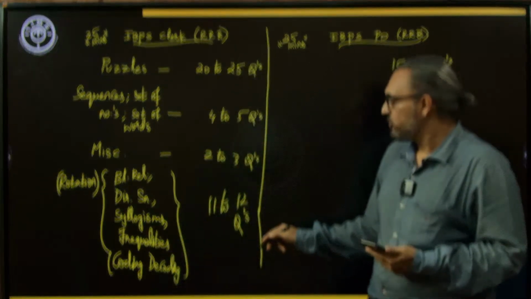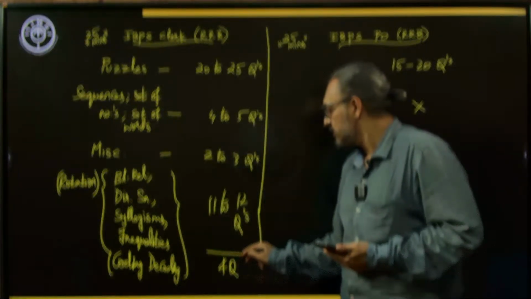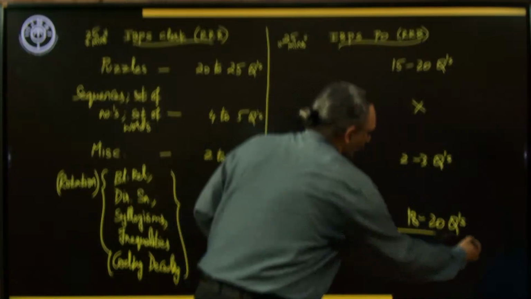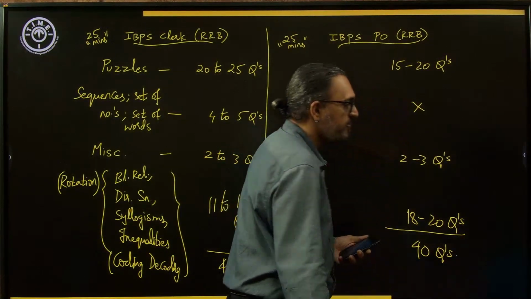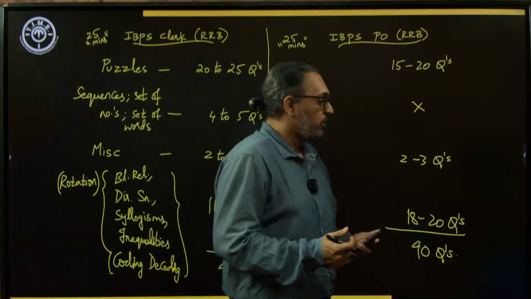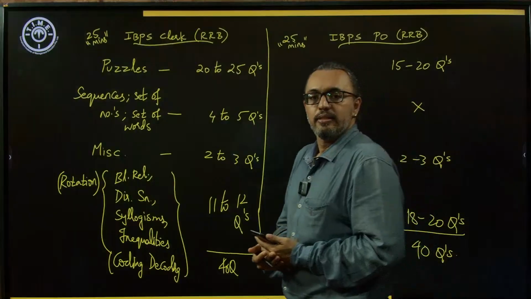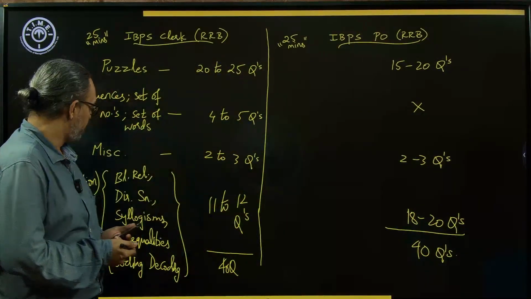So overall, there will be a total of 40 questions here also and here also. So that is what you have to look into as a split of the topics that you can expect in the exam.